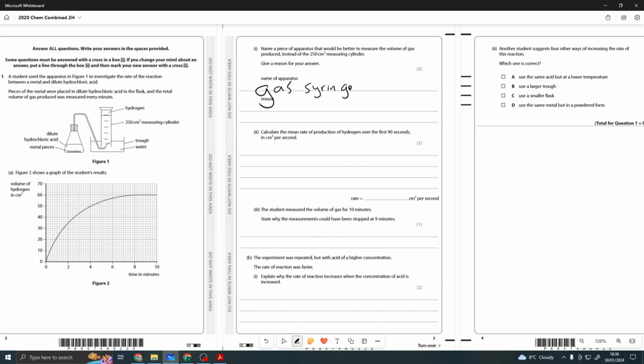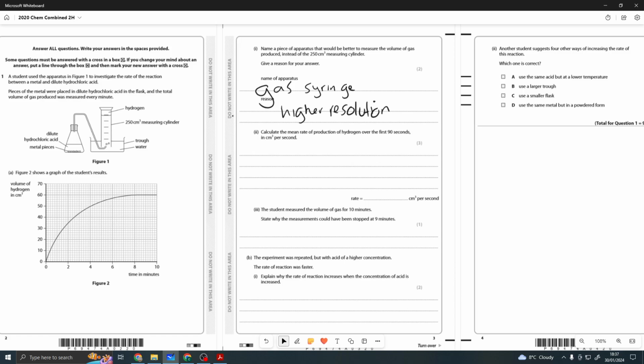A gas syringe is a piece of equipment we have and use, and the reason for this, quite simply, is it has a higher resolution. Now this means smaller scale divisions. Essentially, instead of that 250 centimetre cube measuring cylinder with the big gaps between these, there's lots of little divisions in between them, and therefore you can measure it more accurately.